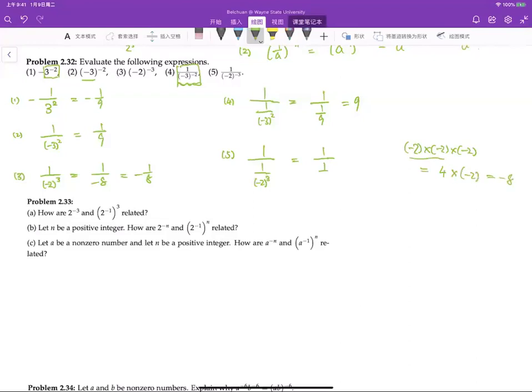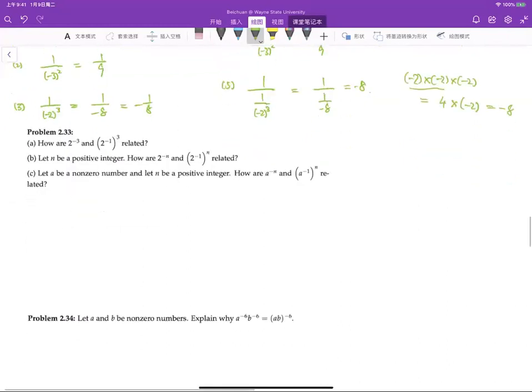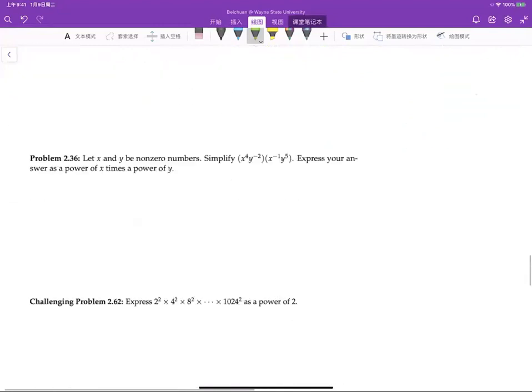So that's negative 8. So in this case, it's 1 over negative 8. Then can you tell me the final answer? Negative 8. Negative 8, good. All right, so then let's look at 33.